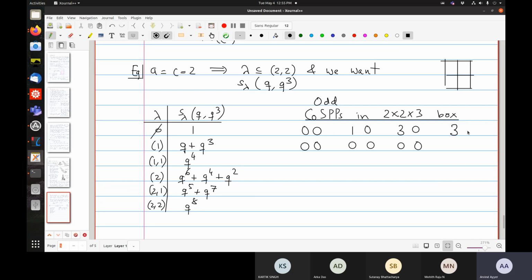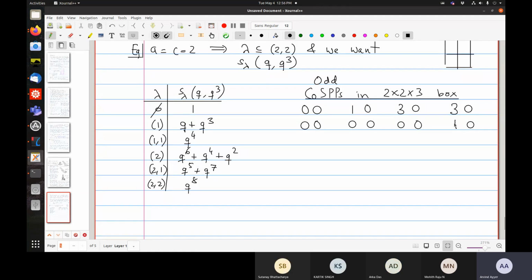So then I'll take 3, 0, 1, 0. And right, so this is column strict. I cannot put a 3. And then I have, let's see, so I want those 3 guys. Okay, so then I take 1, 1, 0, 0, 3, 1, 0, 0, and 3, 3, 0, 0.